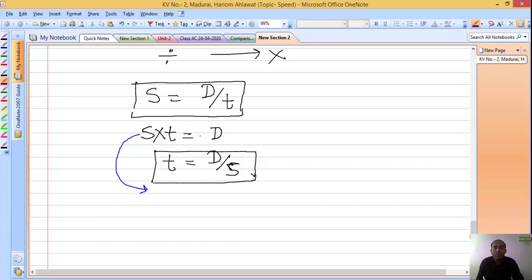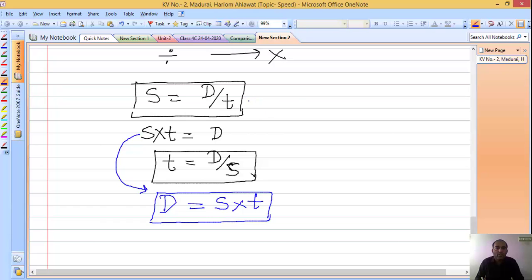When you change the both sides, nothing will change. So distance equals speed into time. So this one is the third formula.